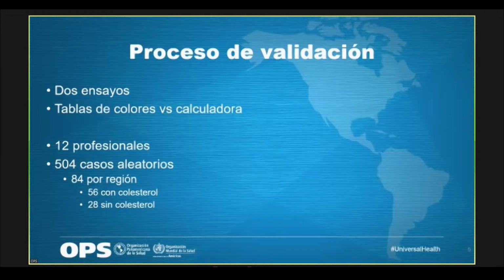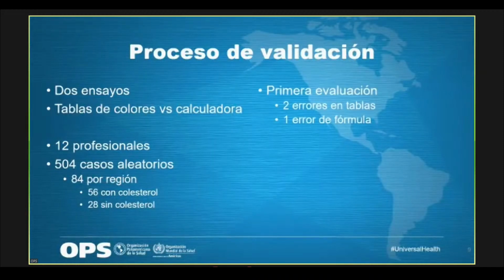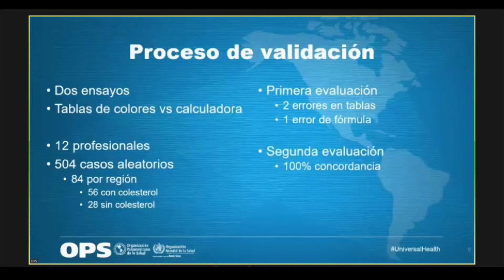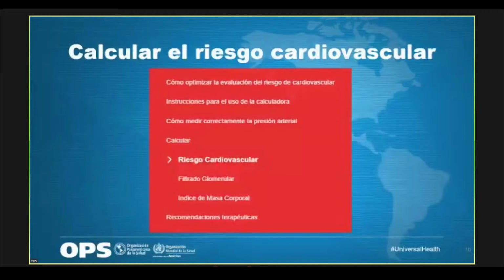We chose 504 random cases, 84 per region, 56 with cholesterol, 28 without cholesterol, and they accounted for each of the boxes in the color tables. In the first evaluation, there were some mistakes: 2 mistakes with information and 1 in the formula. We corrected them in the first iteration, and in the second one, we obtained 100% concordance with the results from the colored tables.